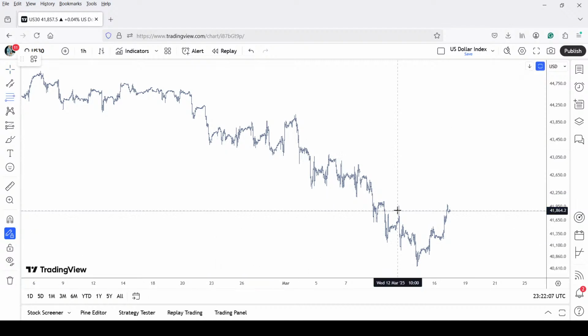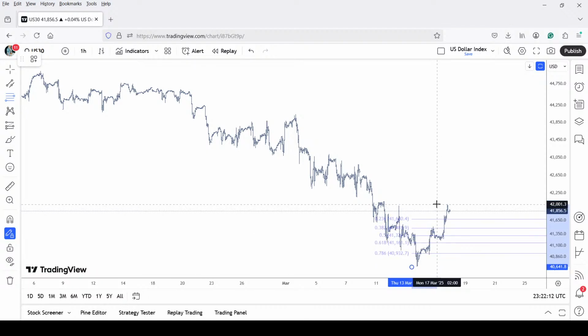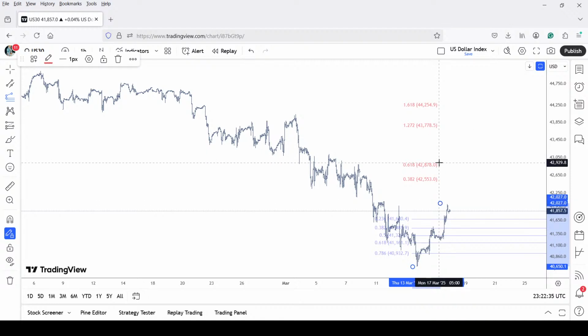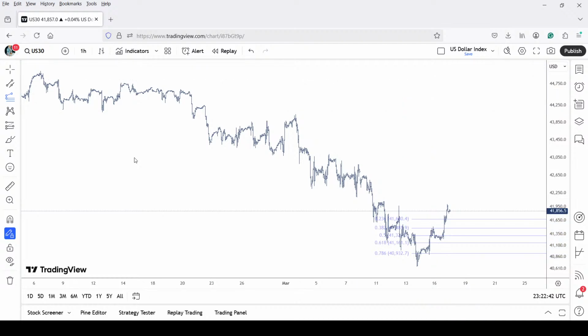Let's find out the retracements. A corrective wave towards 41,300 would be a nice place to enter on the long side and continue. Let's find out the targets here. After the corrective wave, at least 42,000, maybe 44,000 is not a bad idea as well, where we could expect a larger degree wave too.